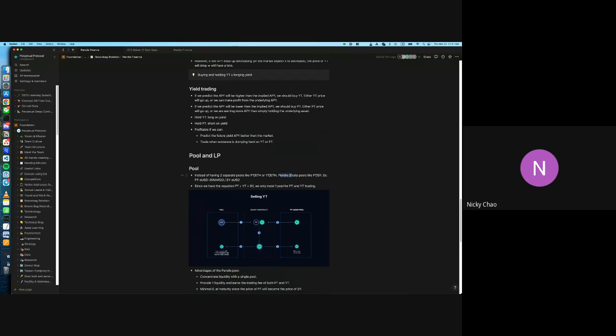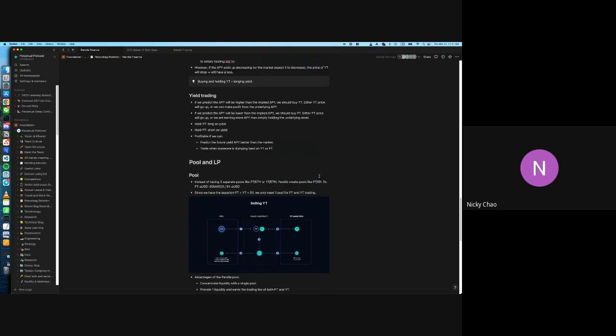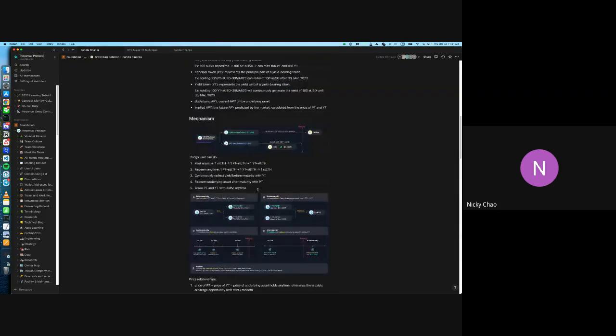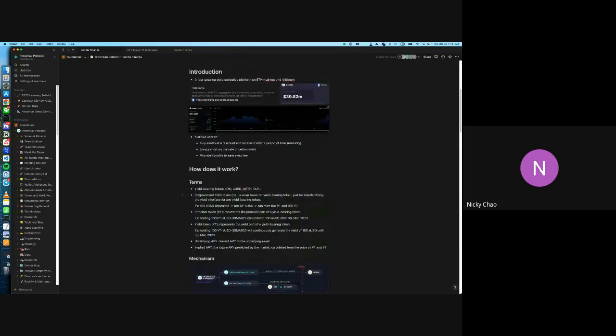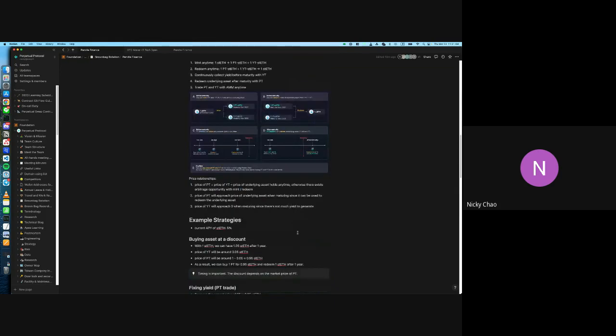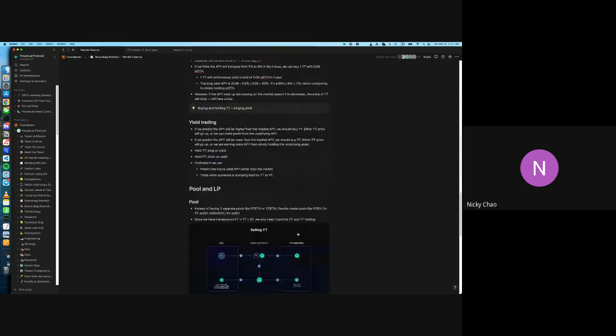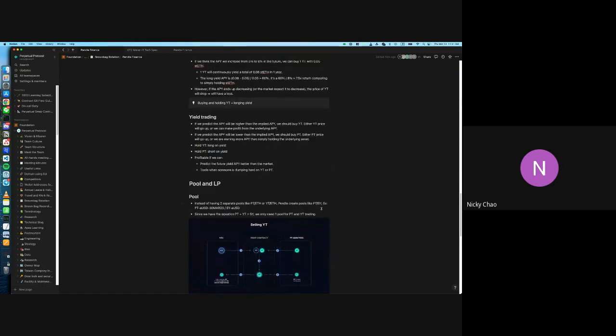They have a pool like PT SY. Remember the SY is the standardized yield token, this one right here, so it's basically the same thing as the underlying assets. So you can think that they only have pools like PT, STE, something like that.